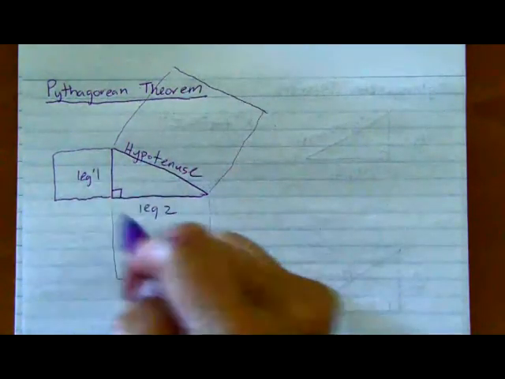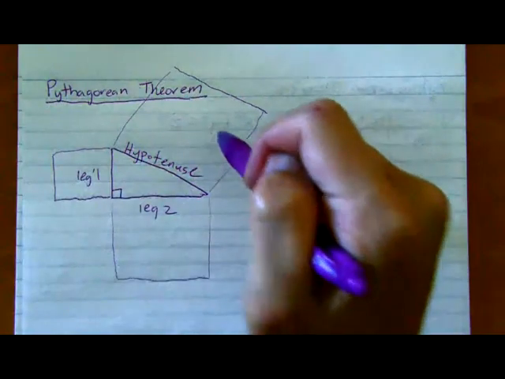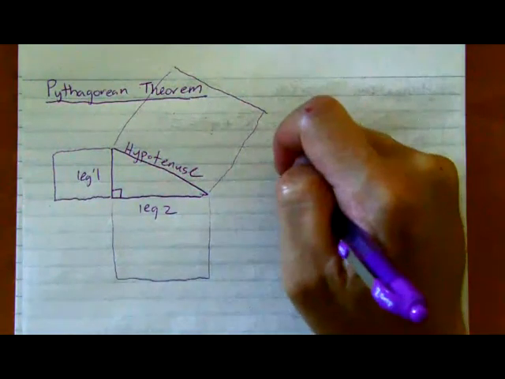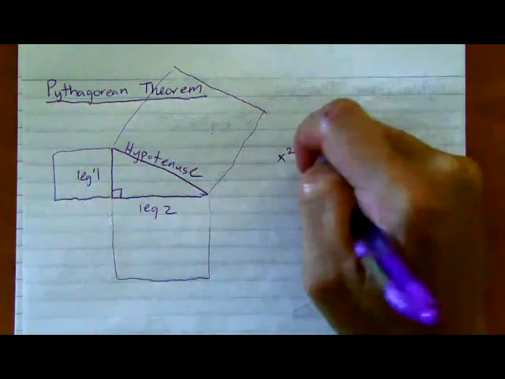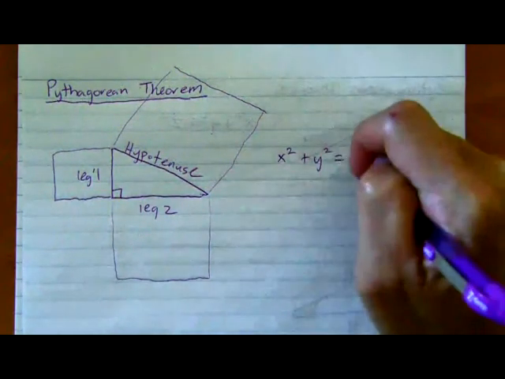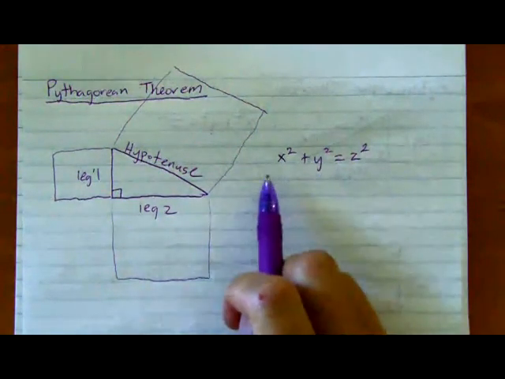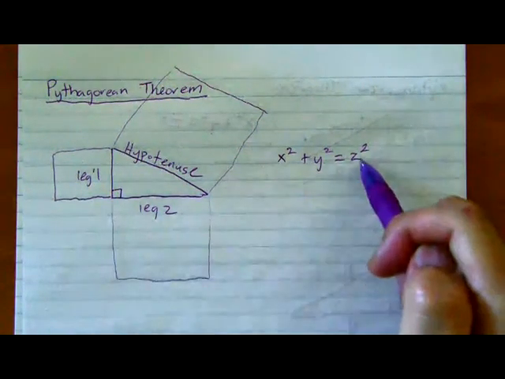These two squares' areas add up to the one on the hypotenuse. The shorthand, the equation, is x squared plus y squared equals z squared. X and y are the lengths of the two legs. Z is your hypotenuse.